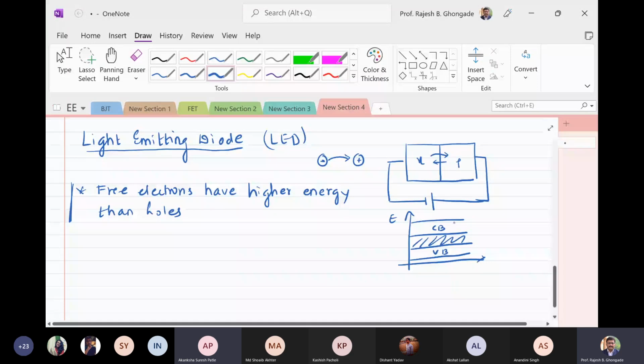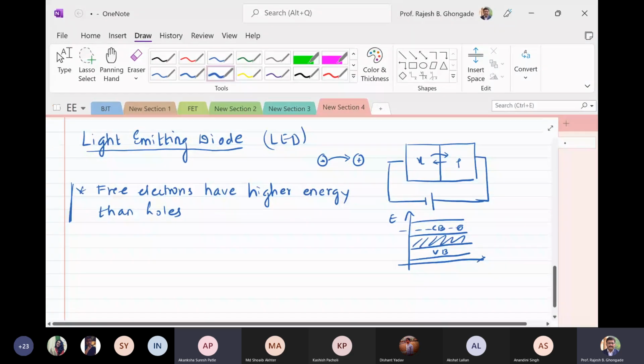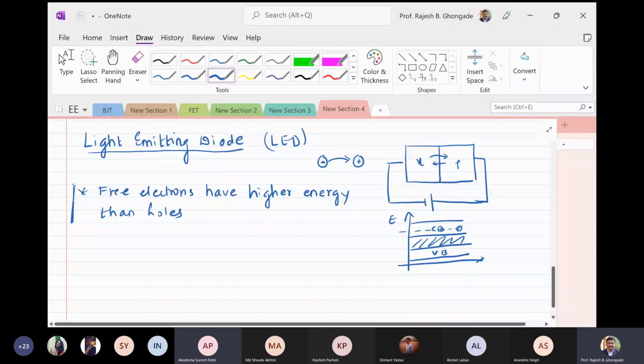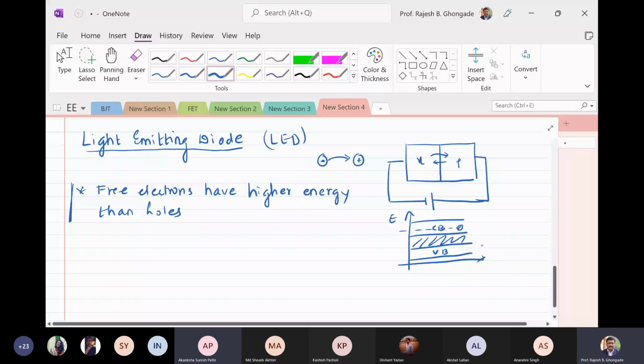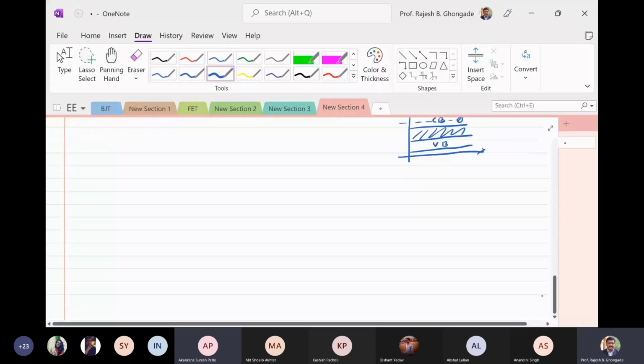So naturally, an electron which is there in the conduction band is having a higher energy, correct? Now, where are the holes? Valence band. Electrons are freely available in the covalent bond when you have the pentavalent impurity and all those things.